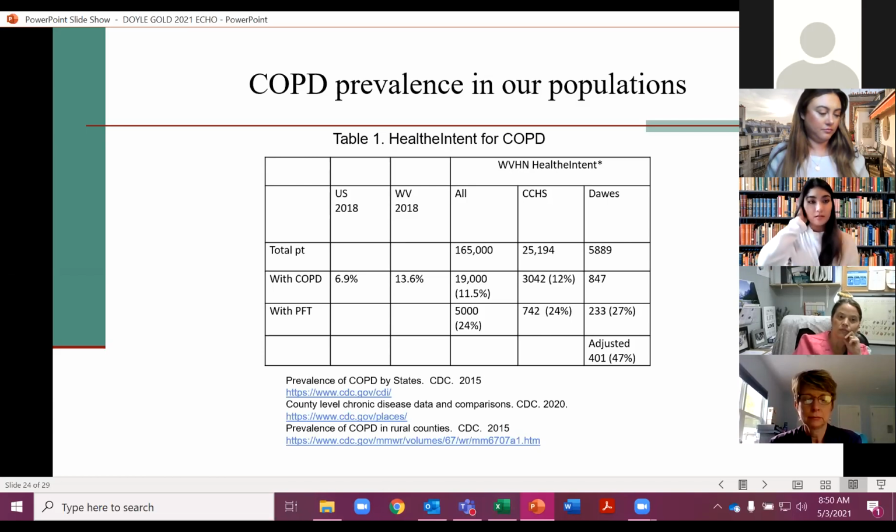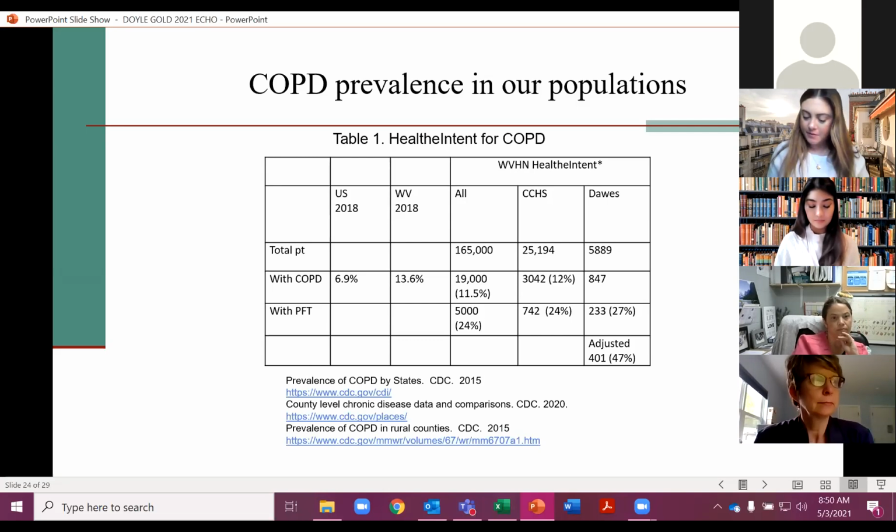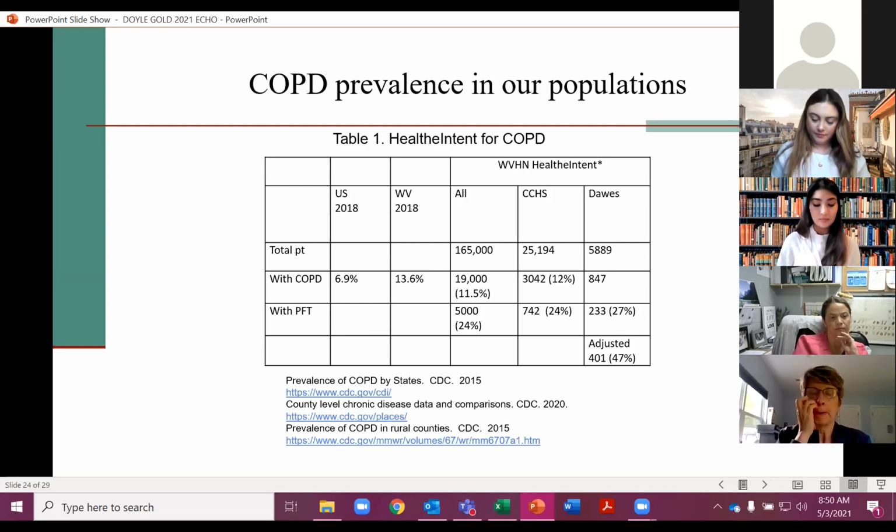CAMC has an ACO where they're tracking with about 30 different practices and hospitals. They've got a population of 165,000 patients in their ACO. They've identified 19,000, or 11.5% of them, but I think their 165,000 includes children as well.